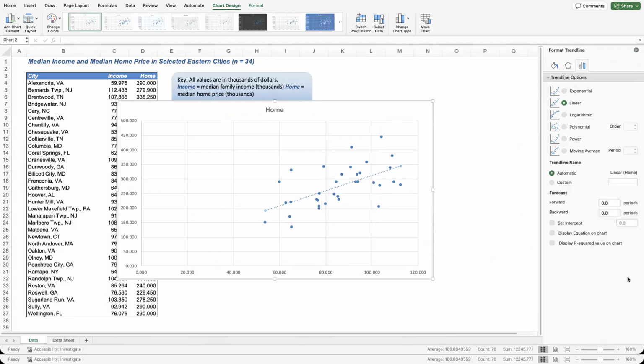Now, this is where I say that I'm just looking at linear fit, right? I'm looking at a line. But notice there's a whole bunch of other models over there on the right. There's an exponential model, a logarithmic model, a polynomial model, a power model, a moving average model. All of these are variations on the same theme. I'm really only concerned about straight line behavior right now.